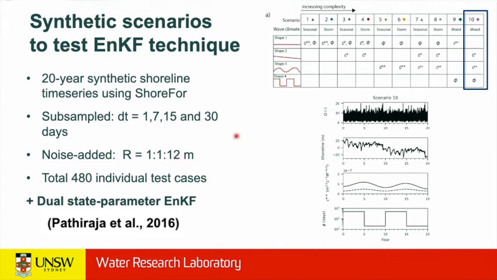This resulted in a total of 480 individual test cases to try the capabilities of our dual state parameter ensemble Kalman filter, which in other literature has already been shown successful for tracking parameter changes.